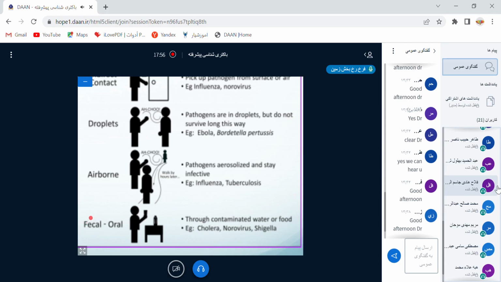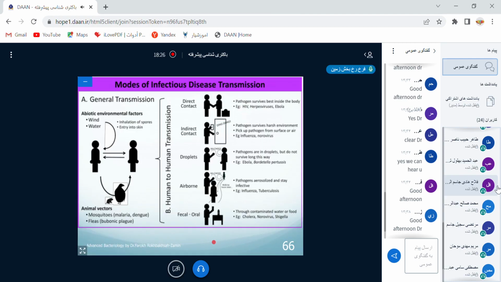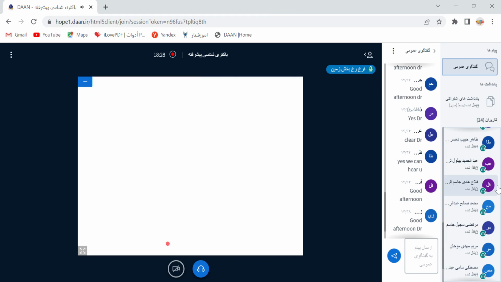Those pathogens are present in the feces of the patient, so feces can contaminate water or food or vegetables. And other sensitive people, by eating those foods, water, or vegetables, get infection also, like cholera, norovirus, shigella, and so on.